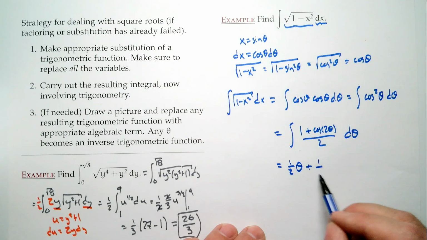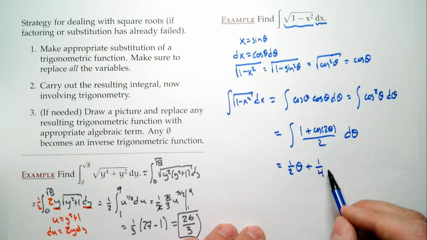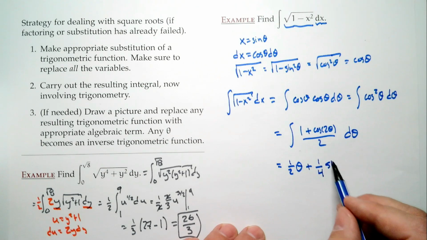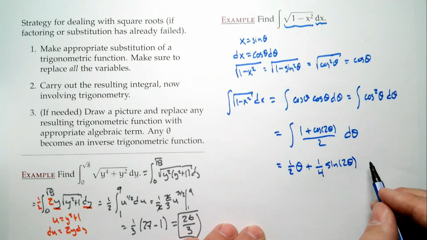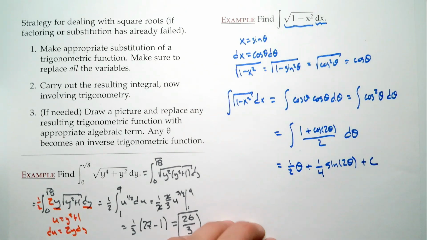One over something, 1/4 sine of 2 theta. Anything else? Plus c. Because we want the points. All right. Are we done? No, we're not done.